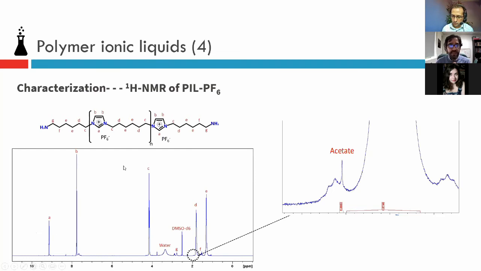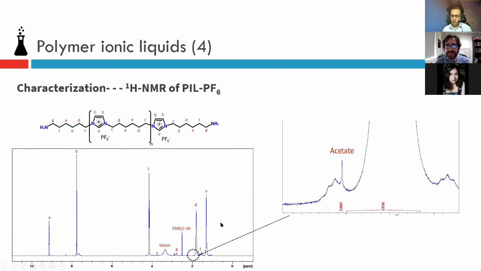We have assigned here the different hydrogens in the structure. So you can see here the hydrogens, and here the hydrogens present in the spectrum. And very, very interesting, if you zoom into this zone, you can observe a tiny peak corresponding to acetate.